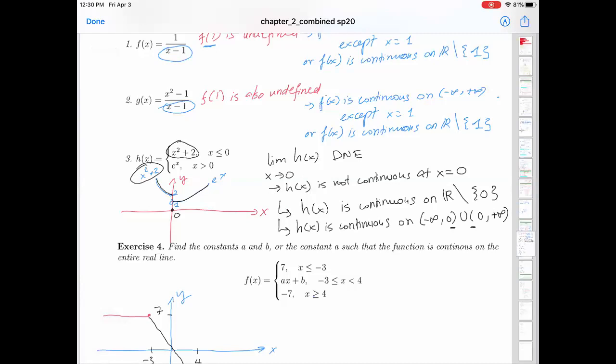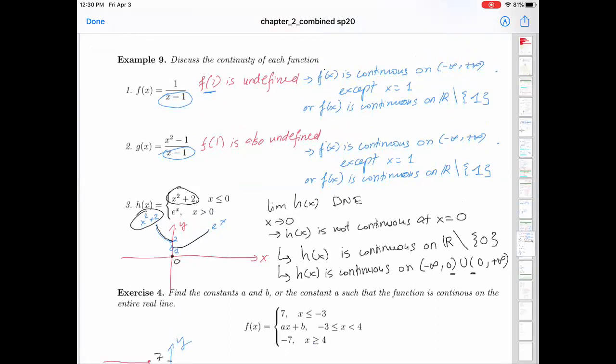Similarly, for f of x, you can say it is continuous on negative infinity to 1, union 1 to positive infinity.